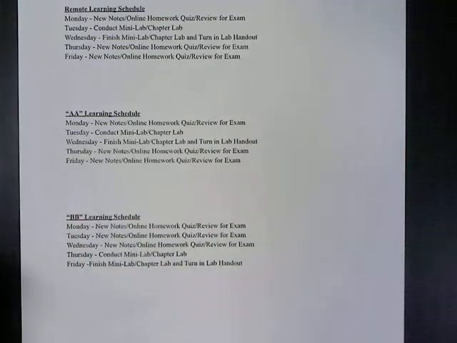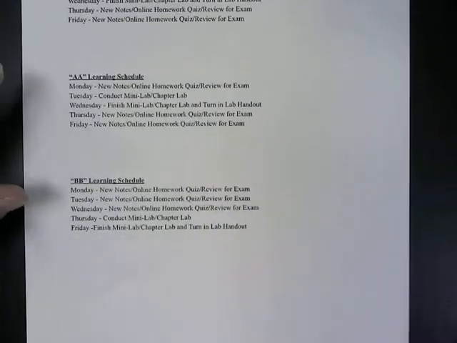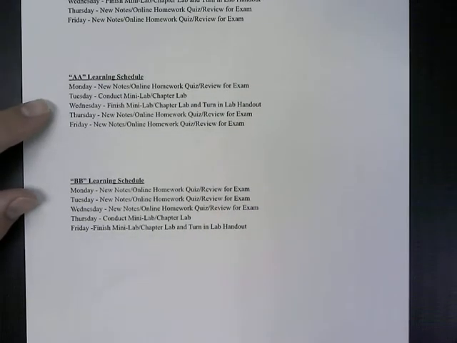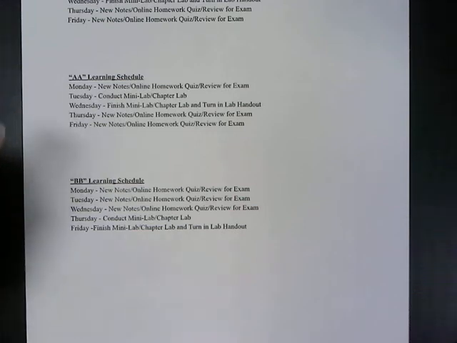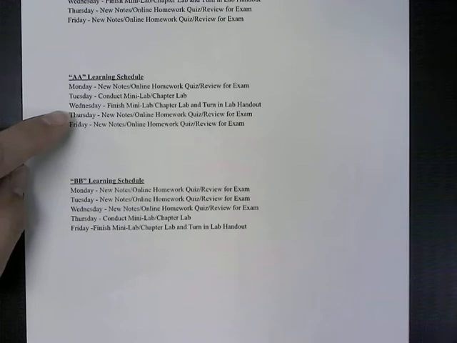Thursday and Friday follow a very similar format as Monday. So you'll either take new notes or you will do the online assignment. Now, the AA Hybrid schedule looks very, very similar to the remote learning schedule. The only difference is that on Tuesday and Wednesday, you will come into the school and physically conduct that lab experiment.